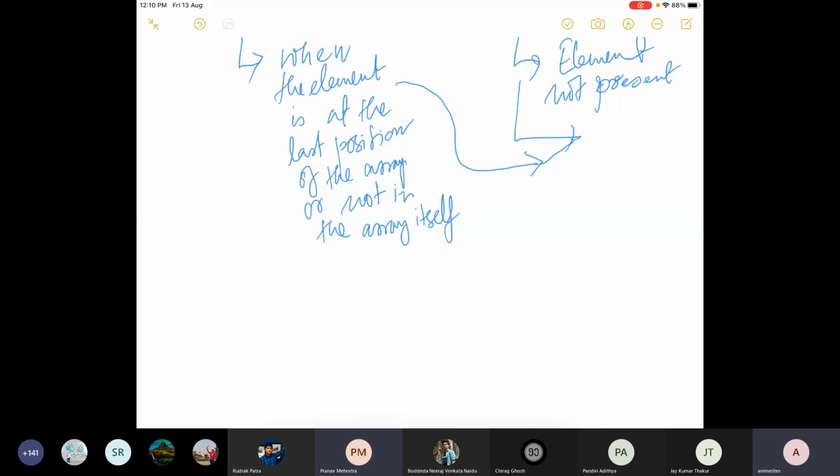What does that mean? It's either the minimum or the maximum. X is the largest element in the array, or X is equal to, let us write.